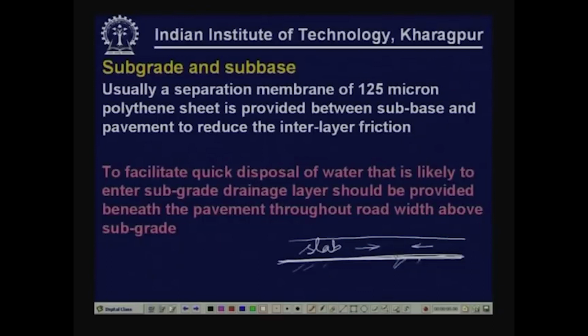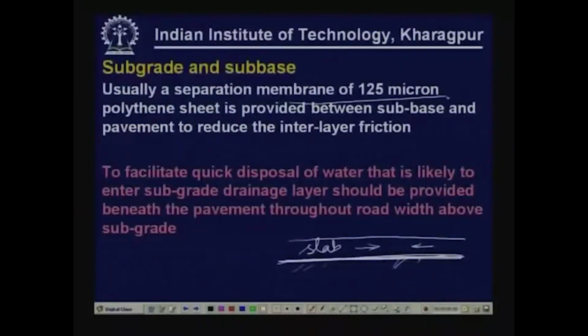Thereby, the transverse cracking that comes because of contraction or shrinkage of the concrete will be reduced significantly. If one is very much concerned about this type of failure, it would be a good idea to provide a smooth interface between the slab and the subbase. This smooth interface can be provided by a membrane of 125 micron thick plastic sheet.